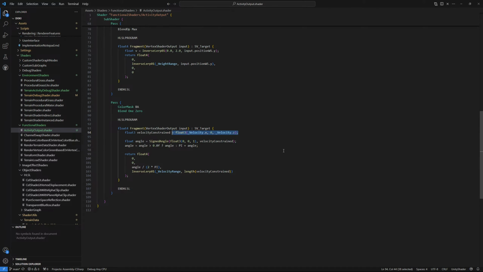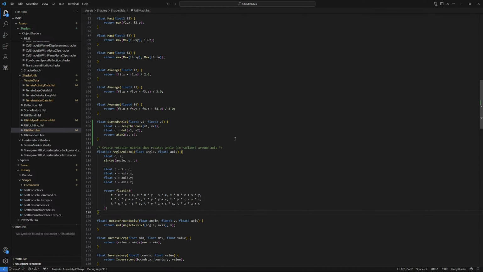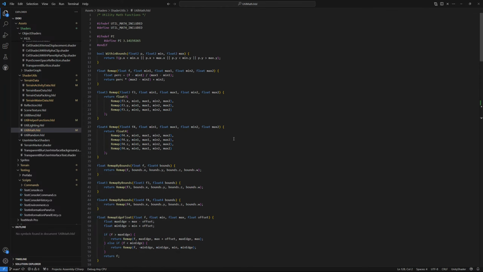Velocity constraint is just, we remove the y direction of velocity, so just xz. If we also normalize this one, I don't think signed angle would make a difference. So what do we do in signed angle?